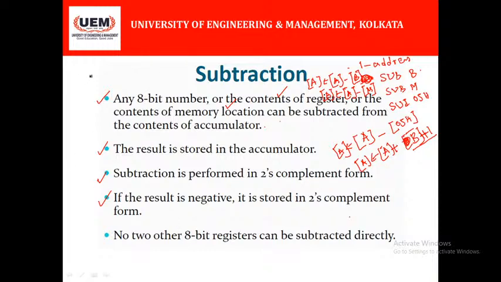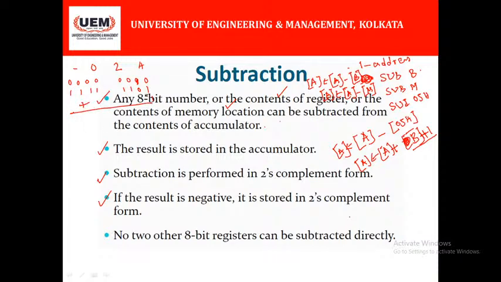For example, if the result is minus 02H, then it can be stored in this way. We take the binary value of 02 as a 4-digit binary number, then take the 1's complement and add 1 to it.